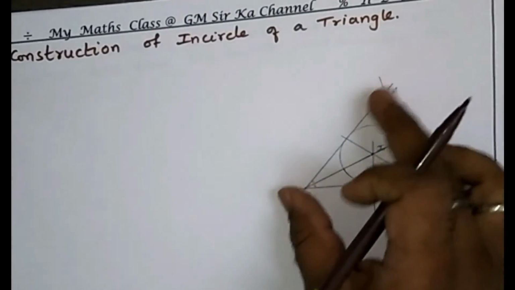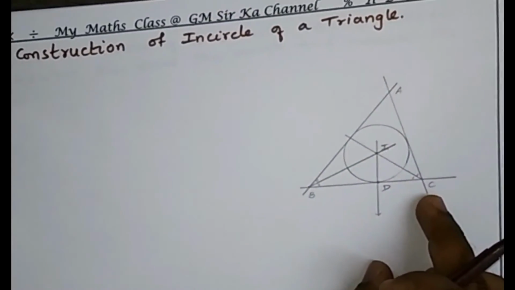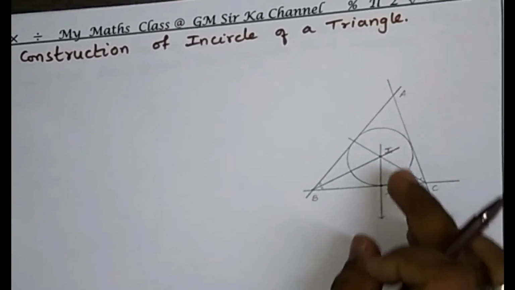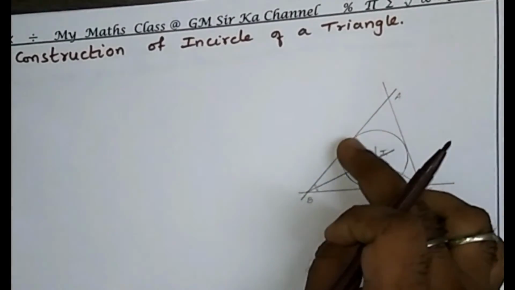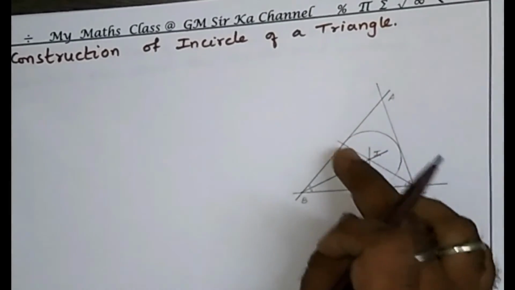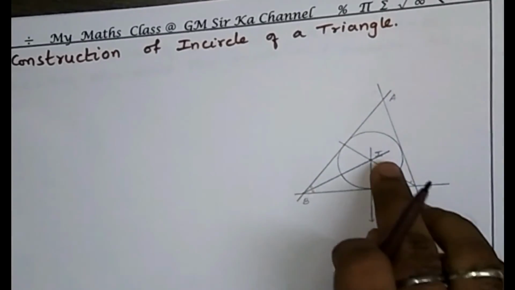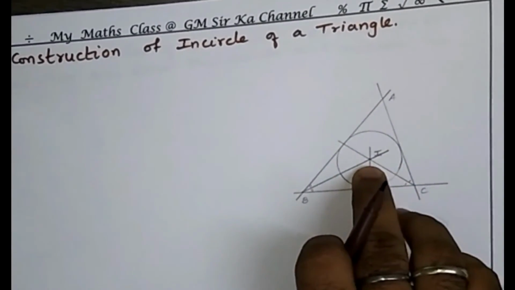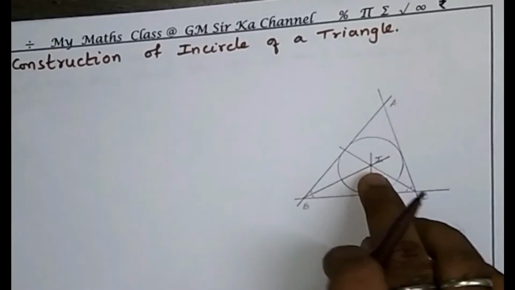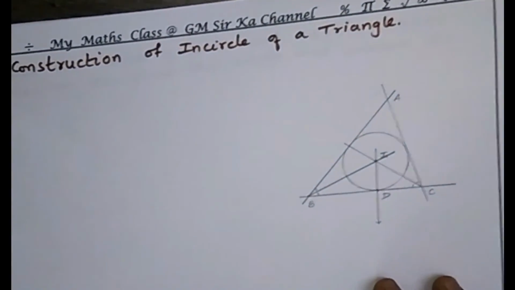Here you can see a diagram in which there is a triangle ABC, and you can see a circle drawn inside the triangle, which touches all the three sides internally, and point I is the incenter of the triangle, and ID is the radius of the circle.